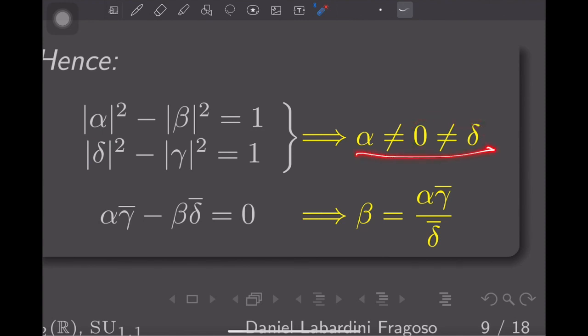And now I use this, that this is not 0, in this equality to just solve for beta, right? Because here then I can just, you see, pass this one to the right and divide by delta conjugate.